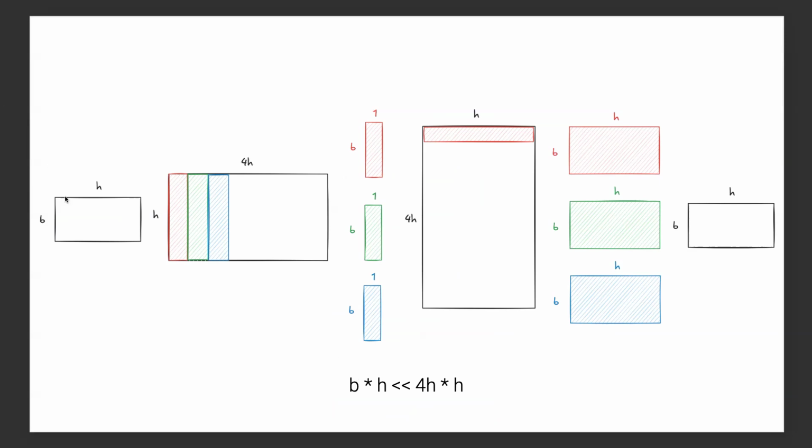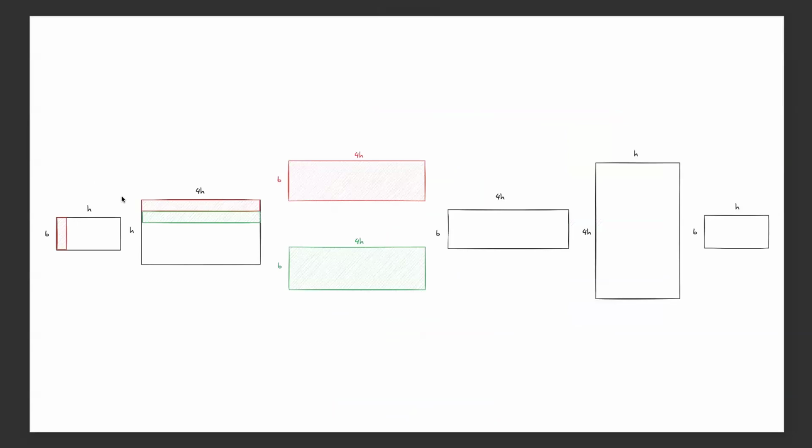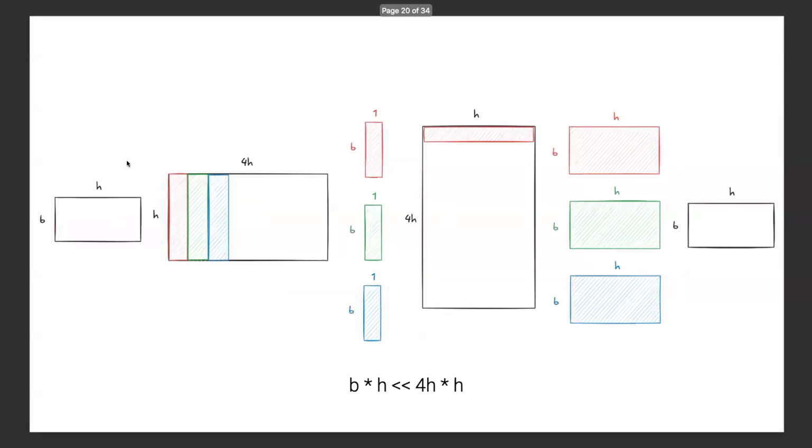And if b was much greater than h, it would make sense to probably transpose both matrices and switch them. Maybe yes.